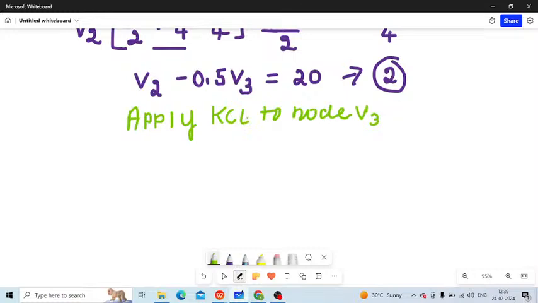If you apply KCL to node V3, what are you going to get?